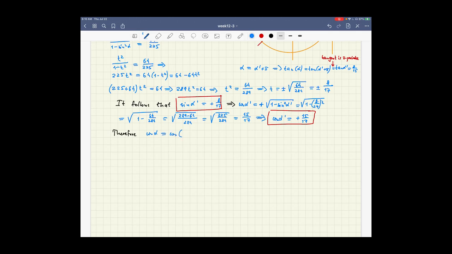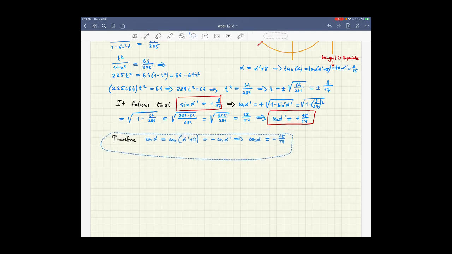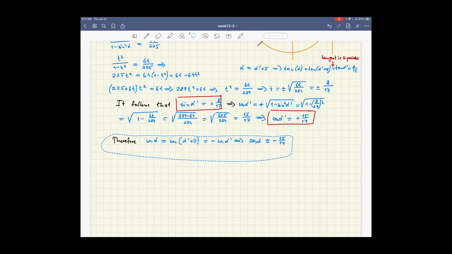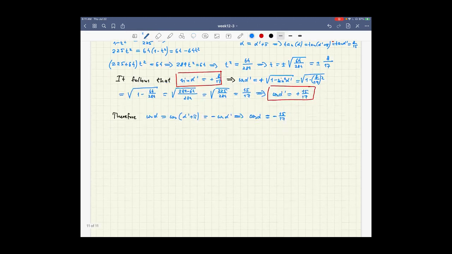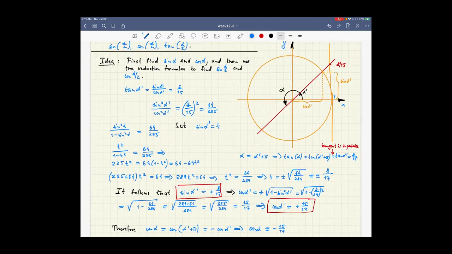Cosine alpha, being cosine of alpha prime plus pi, simply is negative cosine alpha prime, and so cosine alpha is negative 15 over 17. Which makes sense because alpha is an angle in the third quadrant.